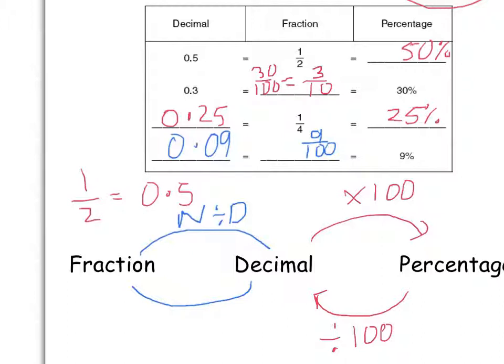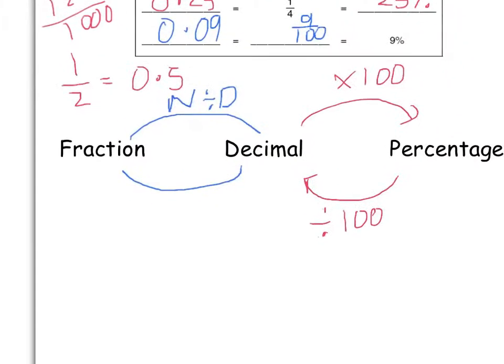And if we were to look at something like 0.125, we'd say this is 125 out of 1,000. Now, you should notice here, when we got 3 numbers after the decimal point, we had a fraction out of 1,000. When we had 1 number after the decimal point, we had a fraction out of 10. And when we had 2 numbers after the decimal point, we had a fraction out of 100. And that's how you convert between a decimal and a fraction.